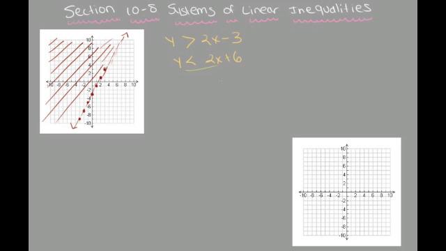So y is less than 2x plus 6. Your intercept is at 6, and 2x, so up 2 over 1. Same thing. And now we would draw another dotted line.